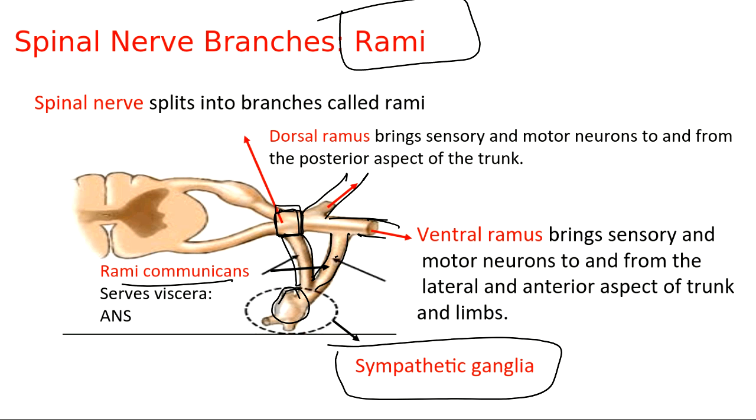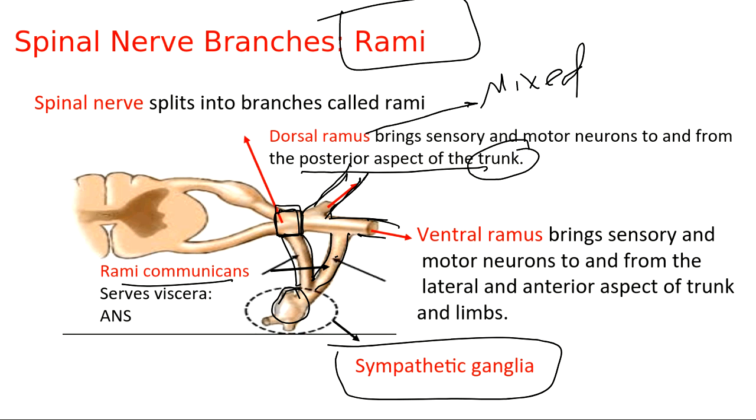All right, so the dorsal ramus serves the posterior aspect of the trunk, the back. So all of the muscles and skin of the back. These are all mixed branches, so this is mixed, taking in sensory and motor fibers.